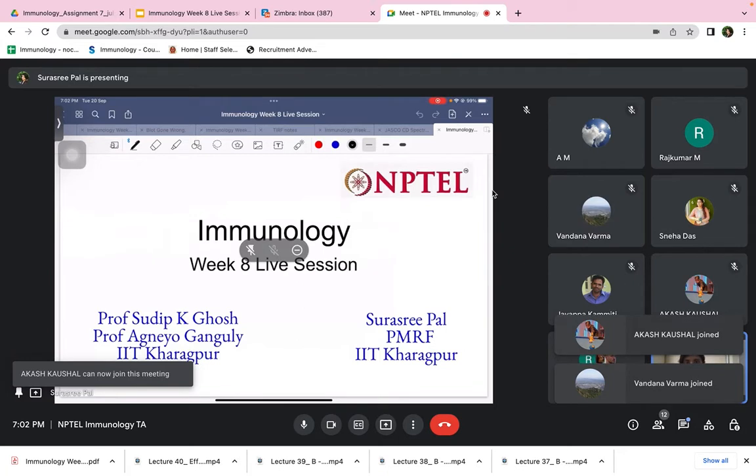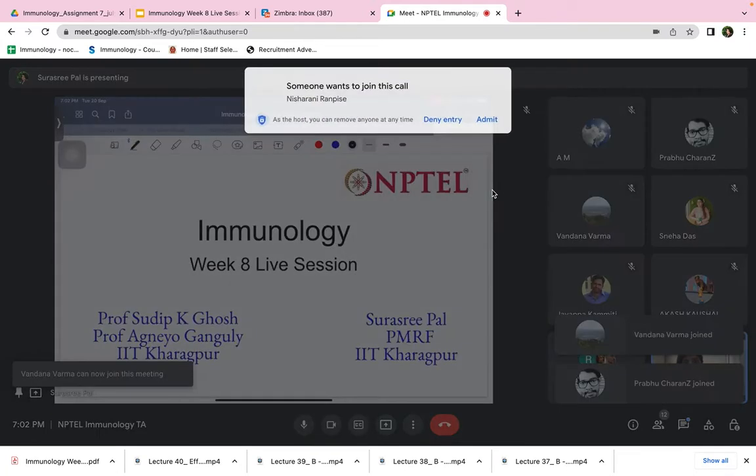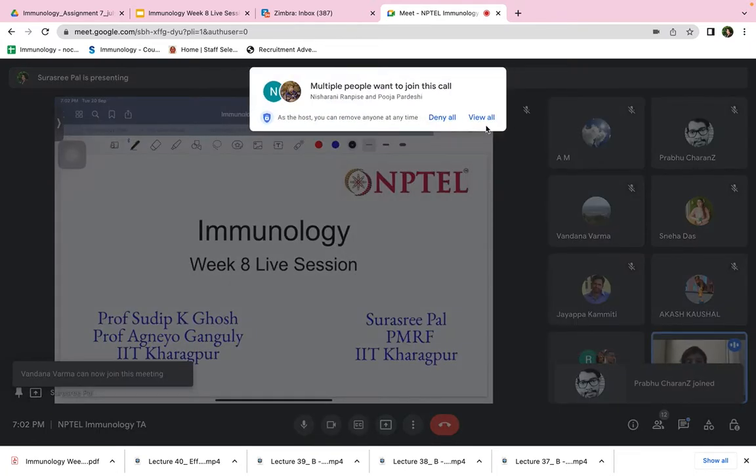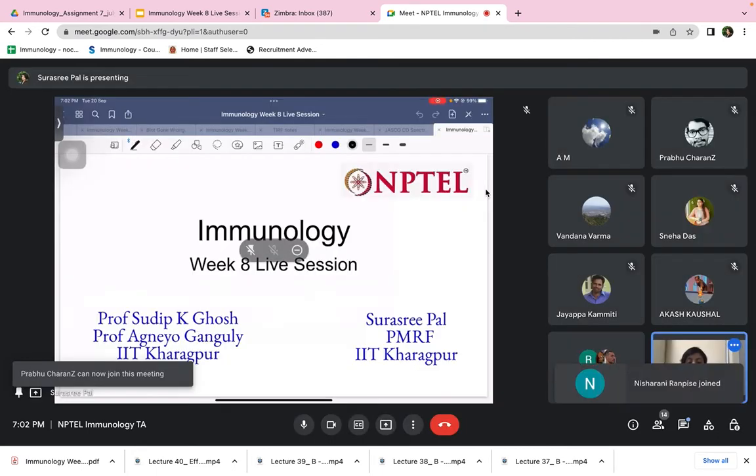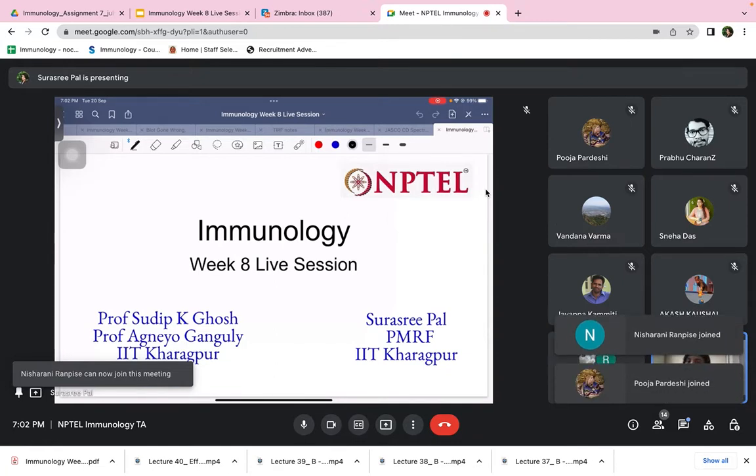But before going into that, let's first see how the progenitors of B lymphocytes mature, how they first mature to form the B cells which can produce antibodies, right?